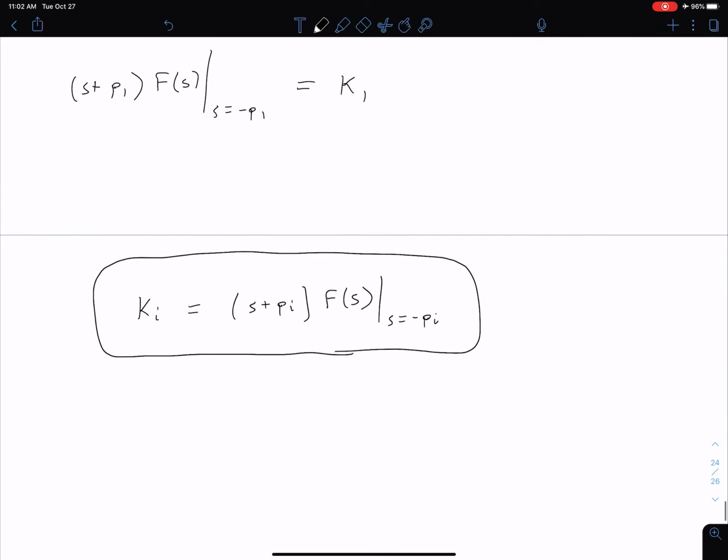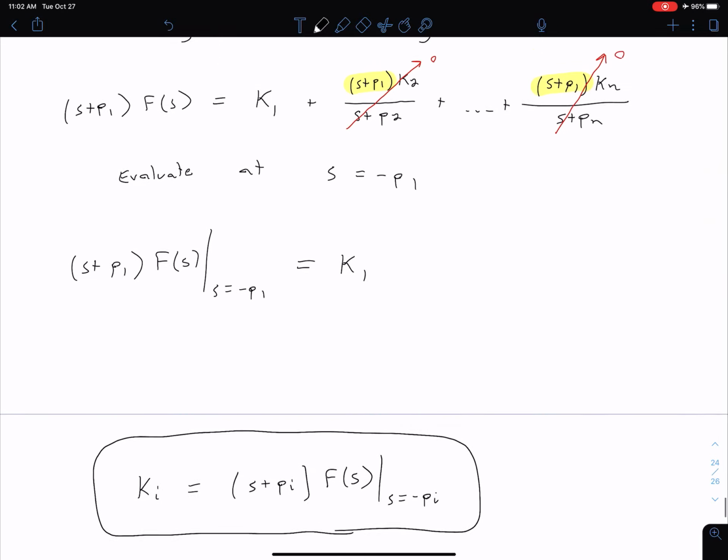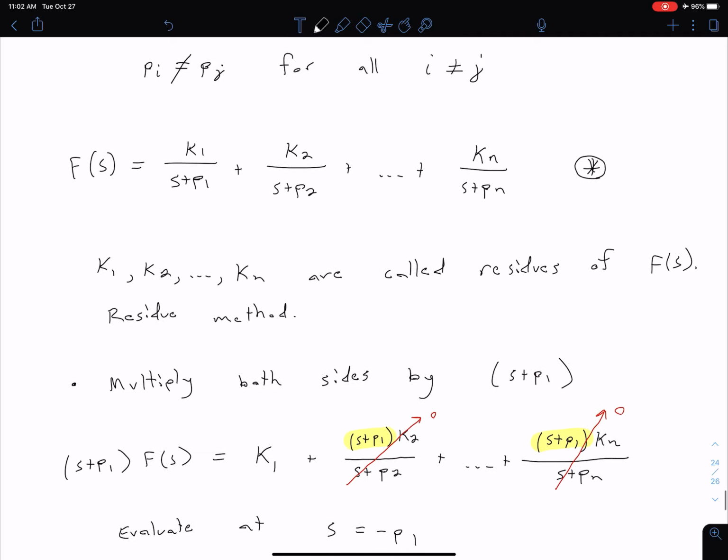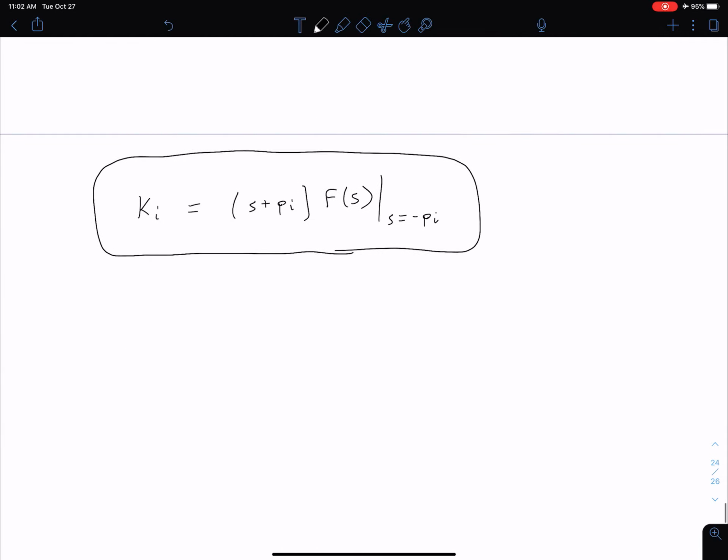We can also generalize our resulting function in the time domain. In this case, we just have all of these simple poles, and of course, if we have something more complex, we can factor it out and get something simple.